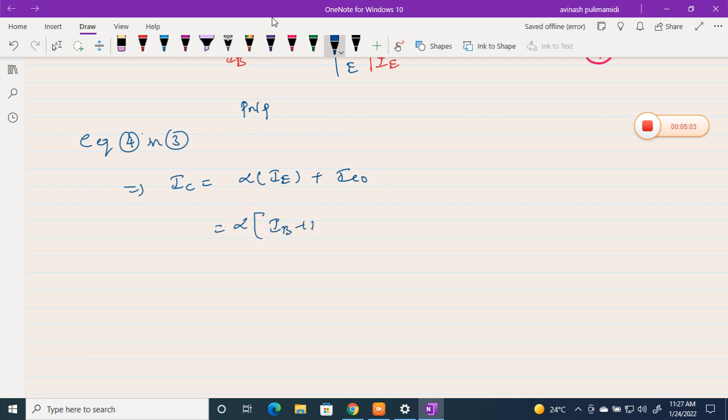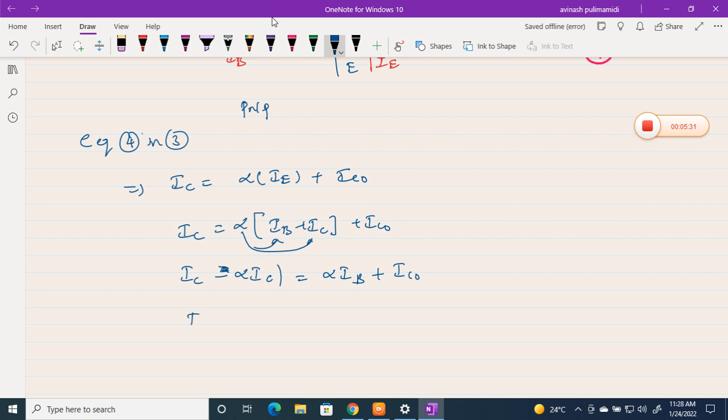IB plus IC, plus IC naught. If you manipulate this, IC minus alpha times IC is equal to alpha times IB plus IC naught, multiplying the alpha inside the brackets.